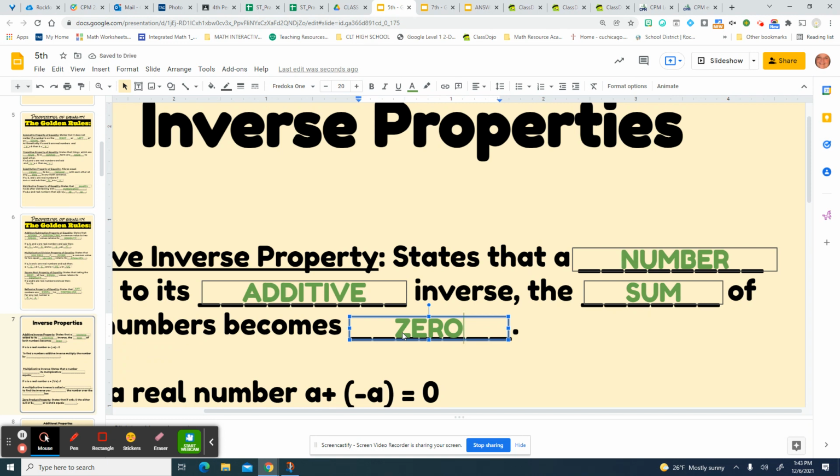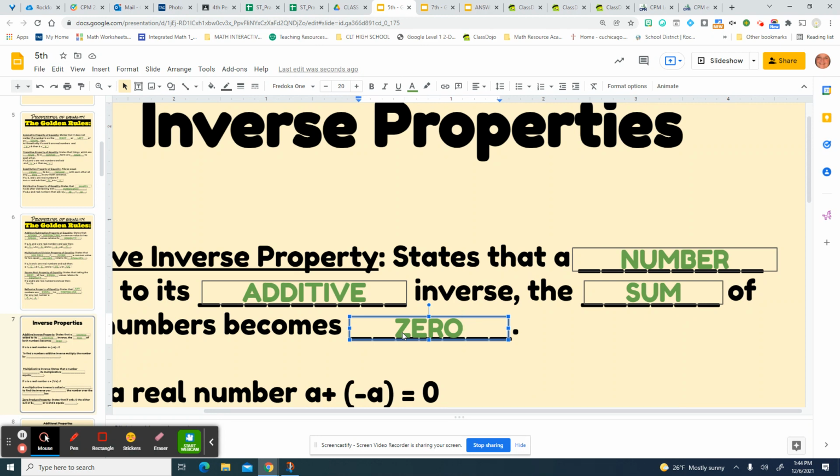So they're just letting you know that the additive inverse of something is its opposite number. So if you have a positive 2, its additive inverse would have to be a negative 2. And when you add those two together, you get a 0.